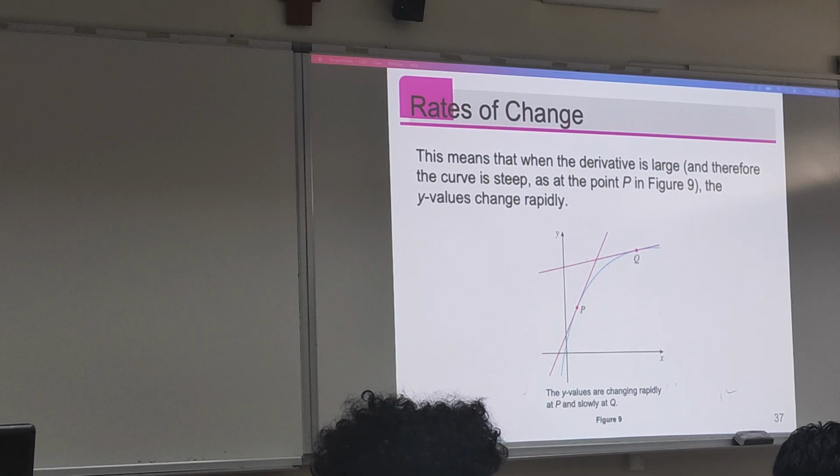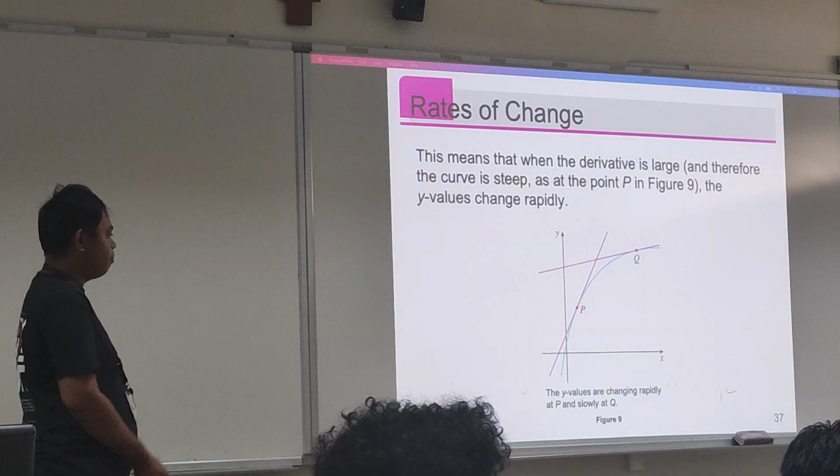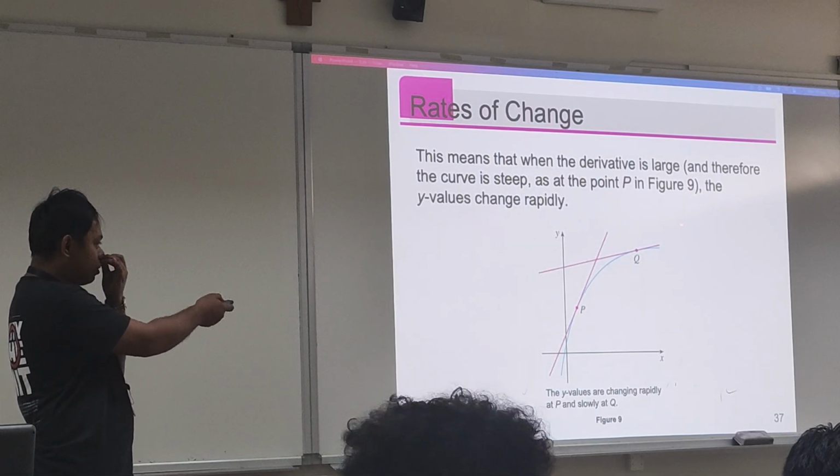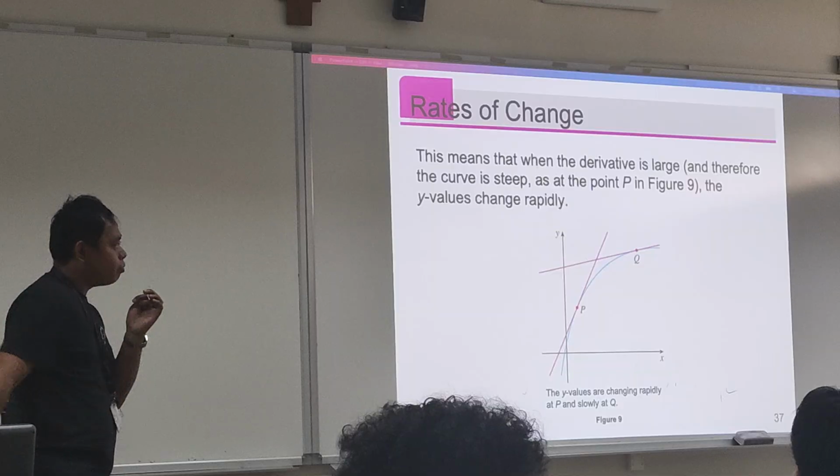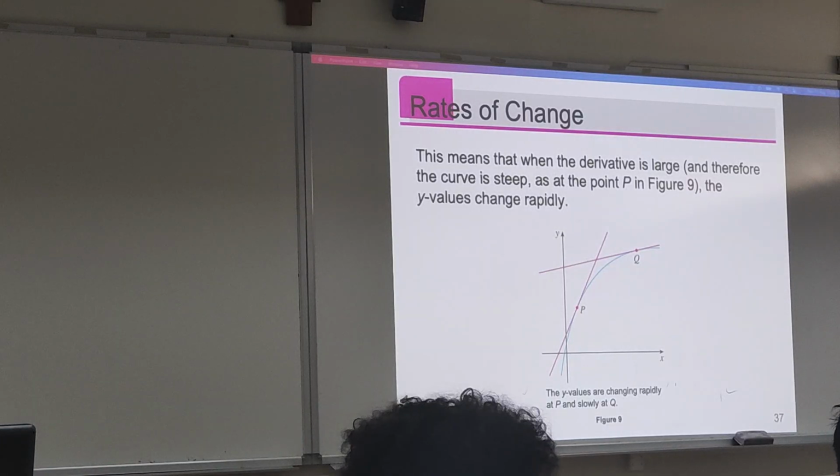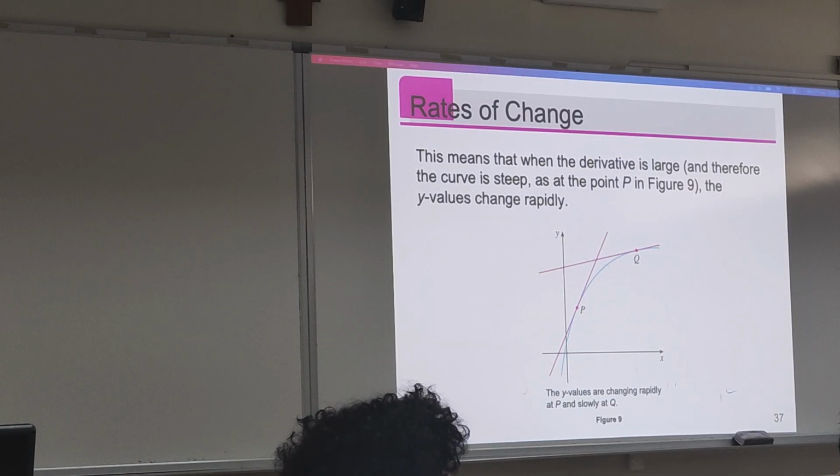This means that when the derivative is large, and therefore the curve is steep at the point P, the y values change rapidly. So as you can see now, this is your tangent, and the tangent refers to the derivative of your function.